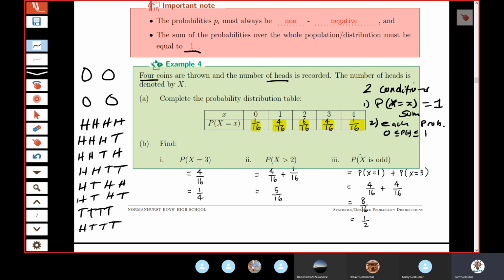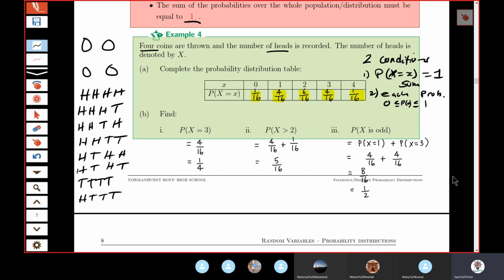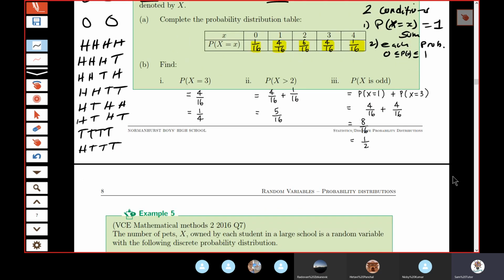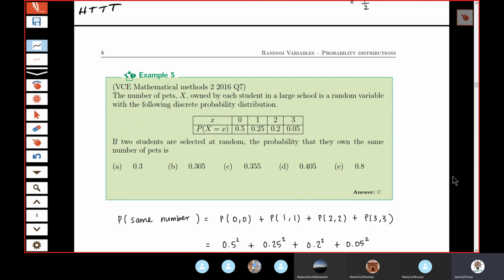What's the probability of getting an odd number of heads, which is 1 or 3? So 1 head or 3 heads. So 4 out of 16 and 4 out of 16, which becomes 8 out of 16. Any questions? No? Okay.